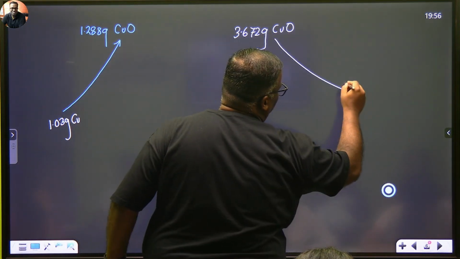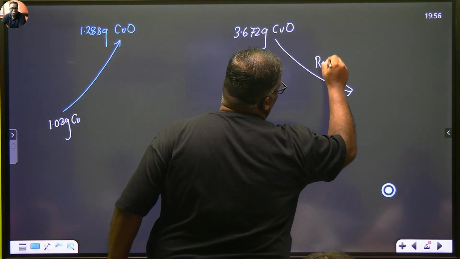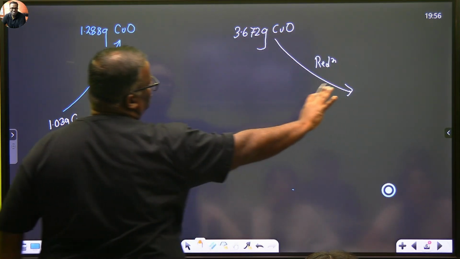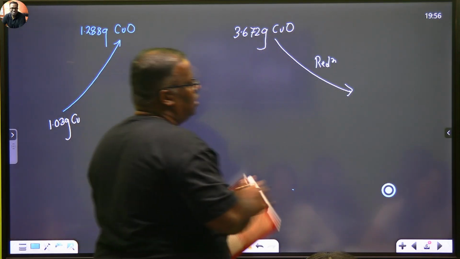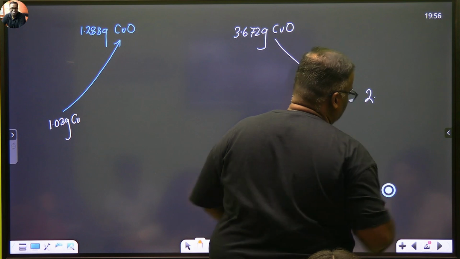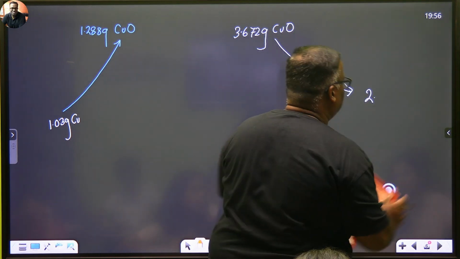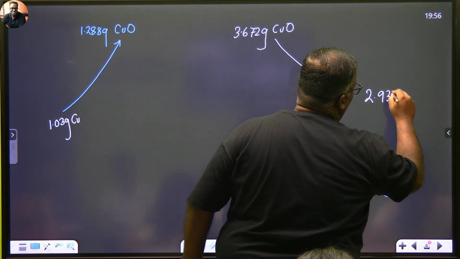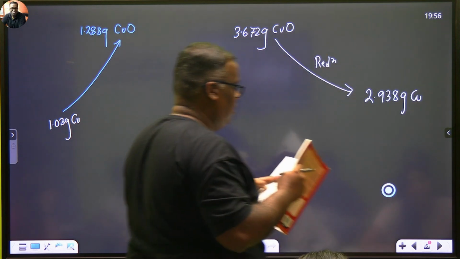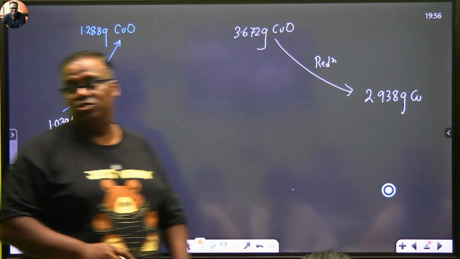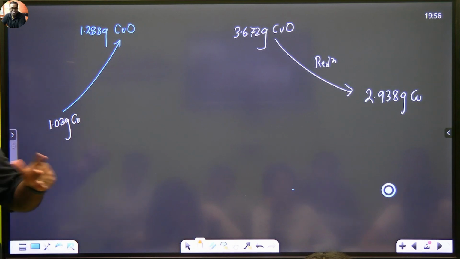Reduction is a type of reaction. Just understand, reduction means it is going to break down. On reduction, it gave you 2.398 grams of copper. It's losing electron. इसमें अभी दिमाग नहीं खाना है. Try to understand, दोनों रिएक्शन अलग अलग हैं.